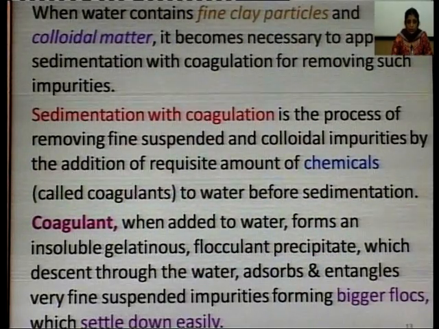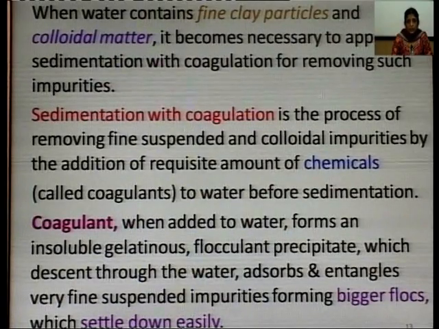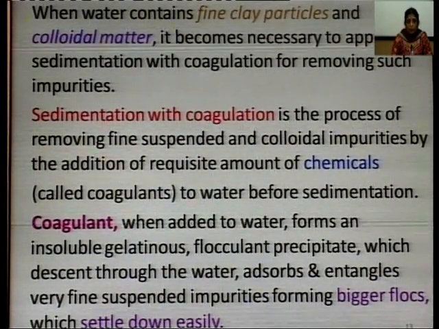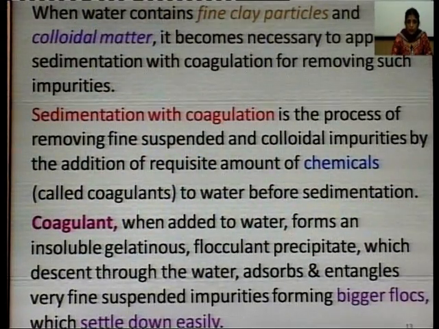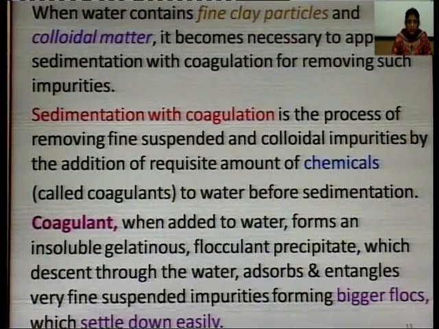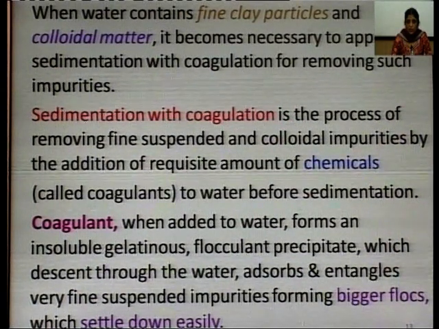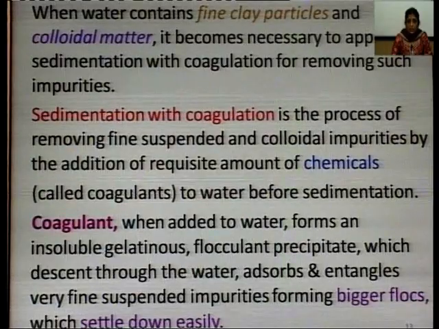What is the function of these coagulants? When added to water, a coagulant forms an insoluble gelatinous flocculent precipitate which descends through the water, absorbs and entangles the very fine suspended impurities, forming bigger flocks which settle down easily.